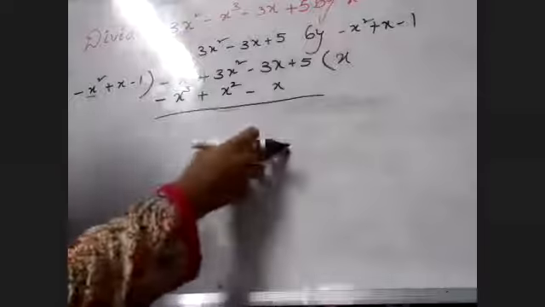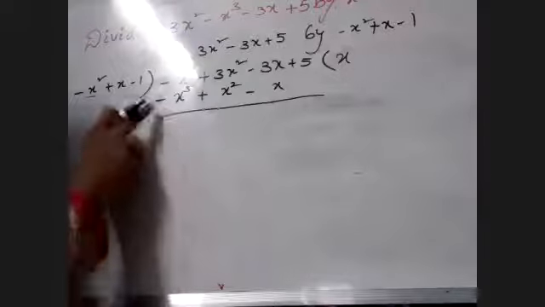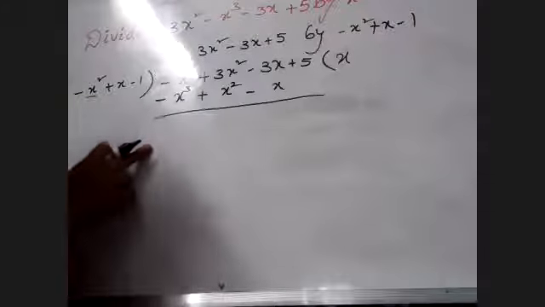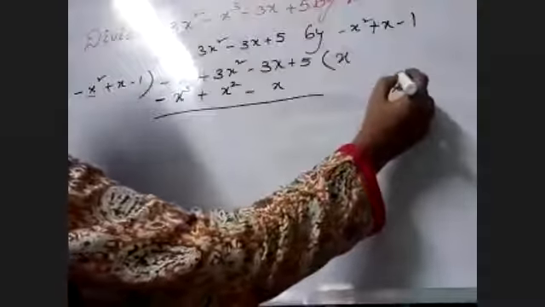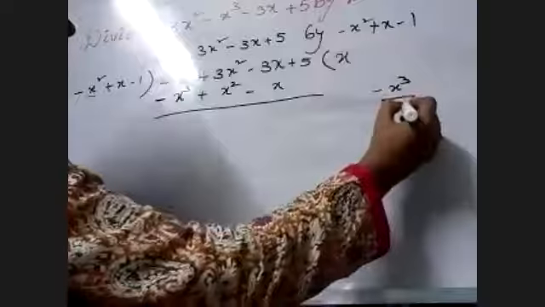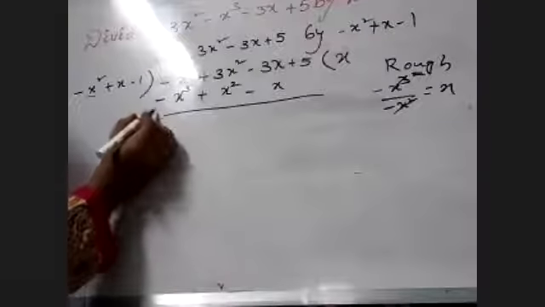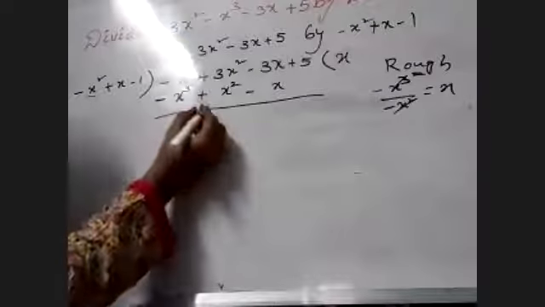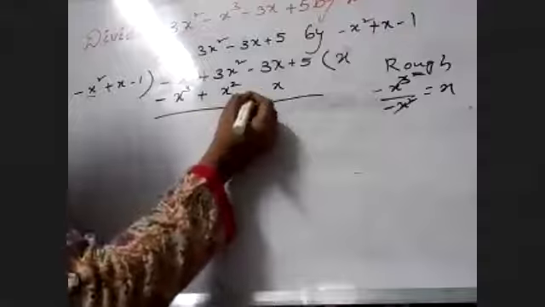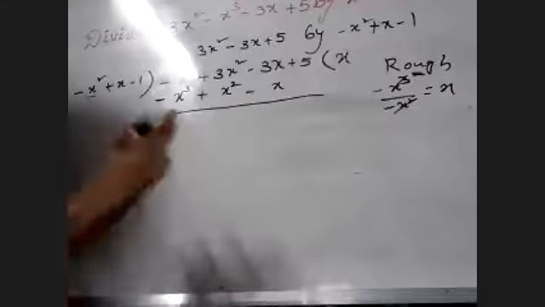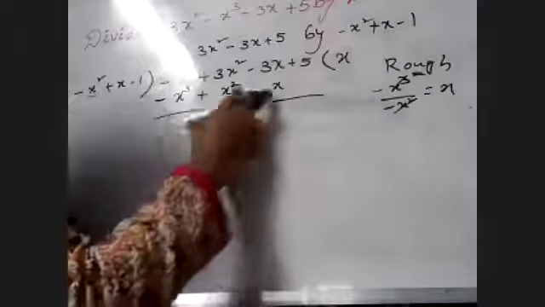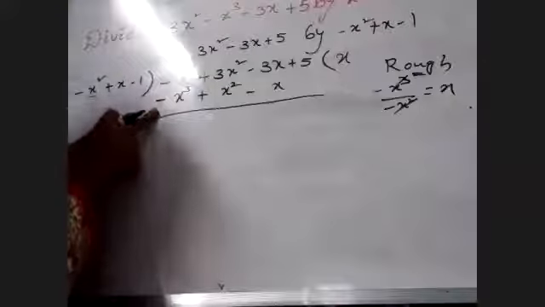So when we are subtracting here, we have to change the signs. If the sign is minus, we keep plus. If plus is there, we keep minus. We change the signs only for the down ones; the up ones we don't change.